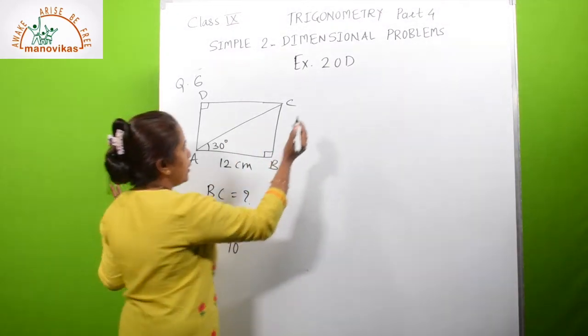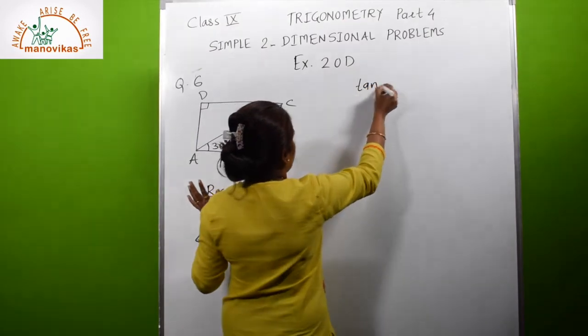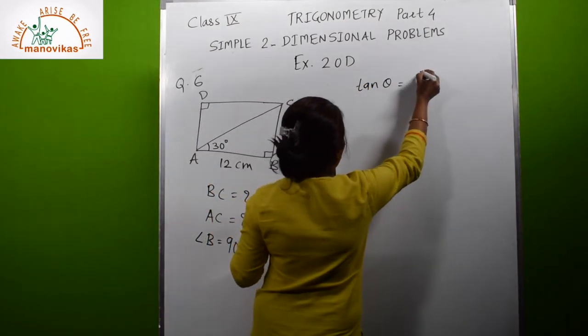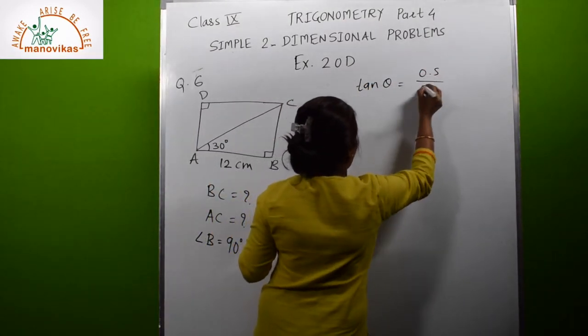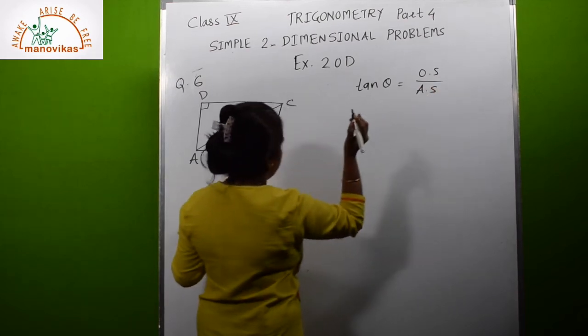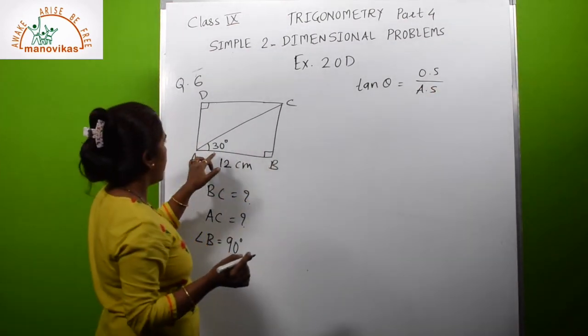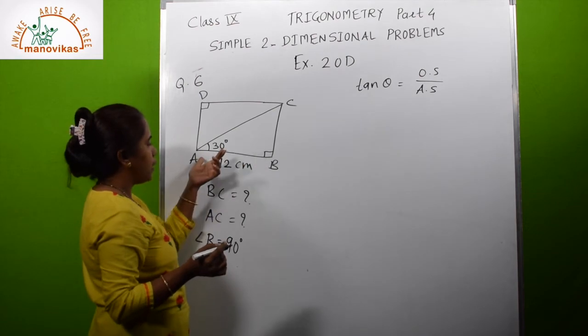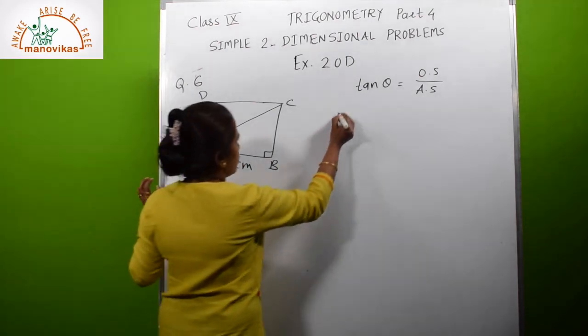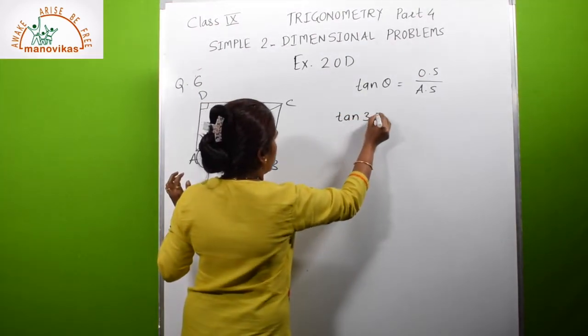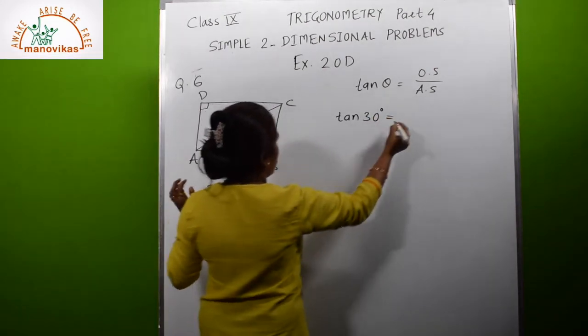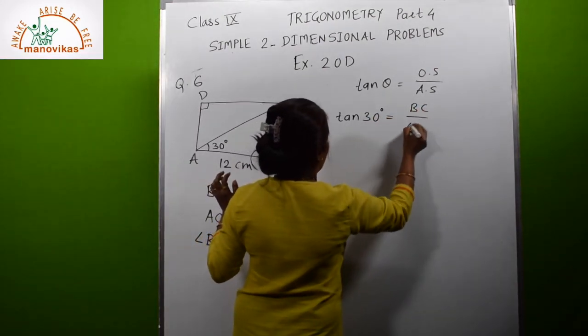That is tan theta. Tan theta is opposite side upon adjacent side. So for angle A, we are going to use the tan ratio, that is tan 30 degree is equal to BC upon AB.